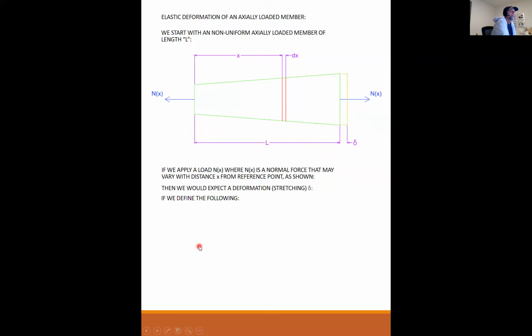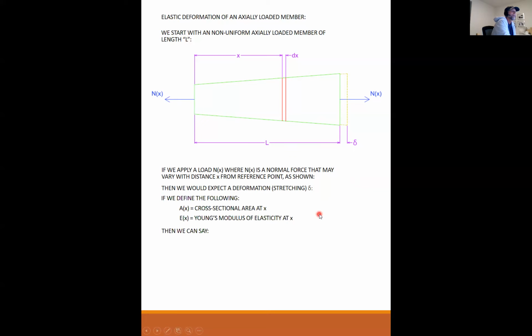If we define the following: A sub x is the cross-sectional area at x, E sub x is Young's modulus of elasticity at x, and usually this is constant, but it could be varying. Not quite sure how you get it to vary, but it could be a variable depending upon x.